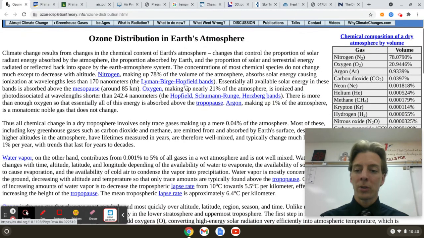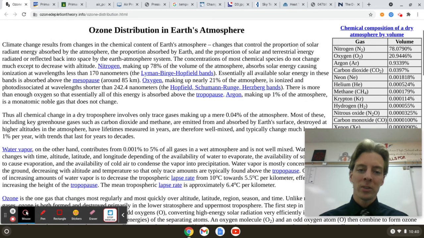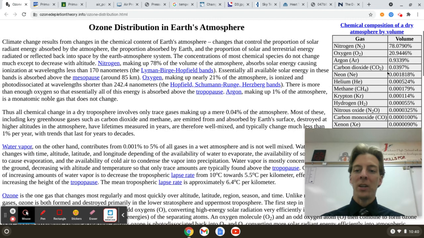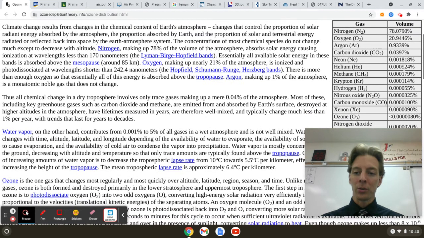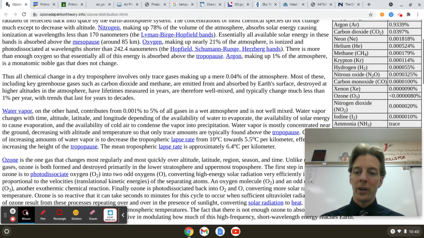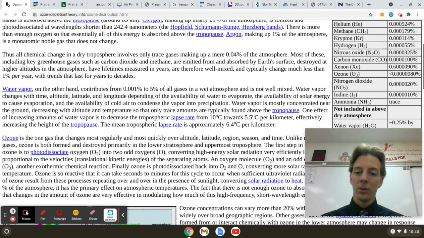Ozone in the atmosphere, I was going to show you. I kept this page up, not because we need another picture for ozone, but as a reminder. Nitrogen, 78%, oxygen, 21%, argon, just less than 1%, carbon dioxide, 0.04, and then all the other stuff is very, very little.